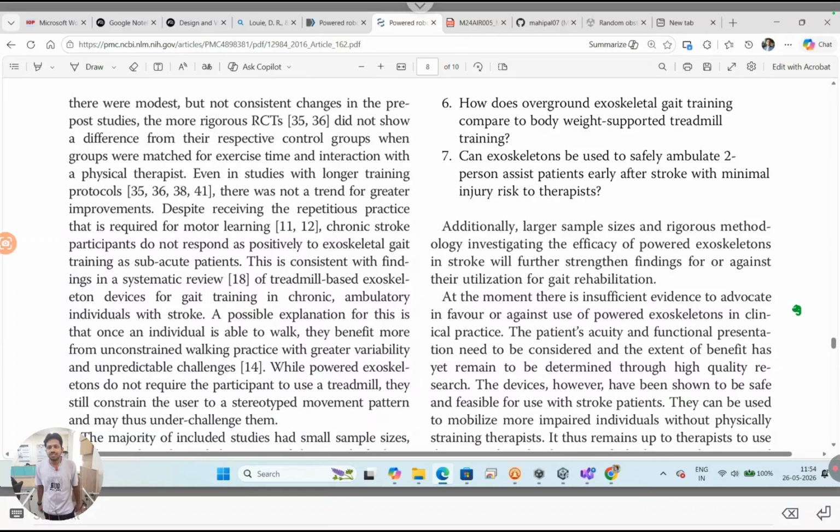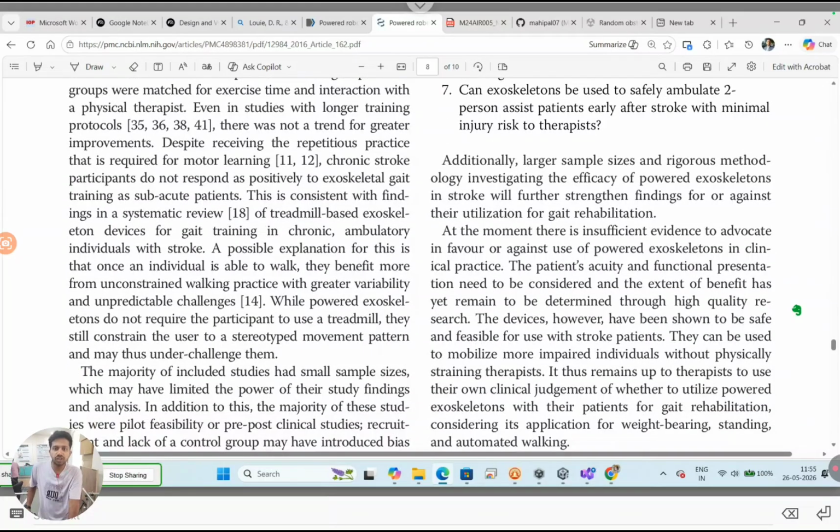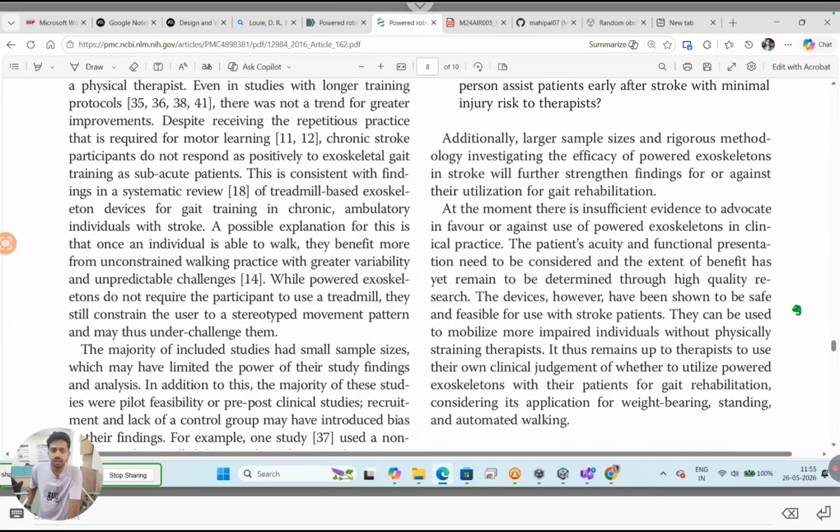Chronic stroke participants do not respond as positively to exoskeletal gait training as subacute patients. This is consistent with findings in a systematic review of treadmill-based exoskeleton devices for gait training in chronic ambulatory individuals with stroke.